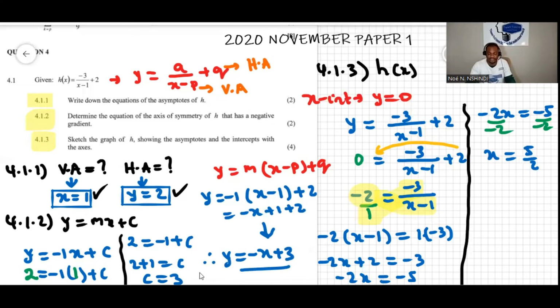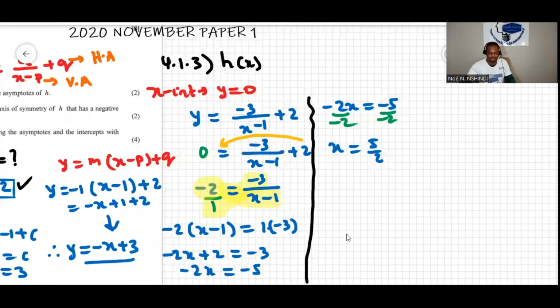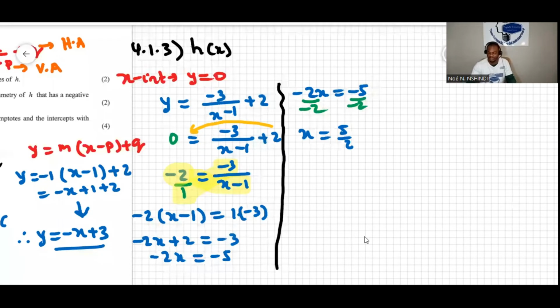That's the x-intercept. Now, for the y-intercept, this simply means make x equal to 0. So the equation is y equal to -3 over x minus 1 plus 2.